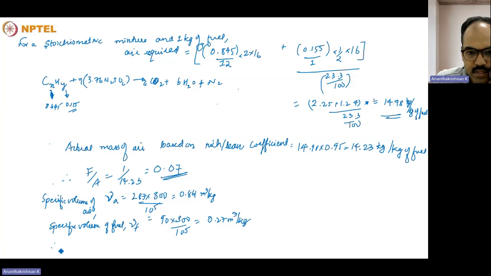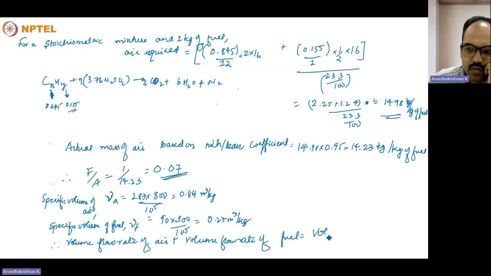Since it's an open system, both the volumes get added to each other. So volume flow rate of air plus volume flow rate of fuel will be equal to volume flow rate of mixture.